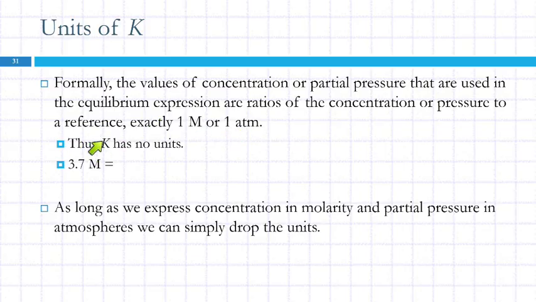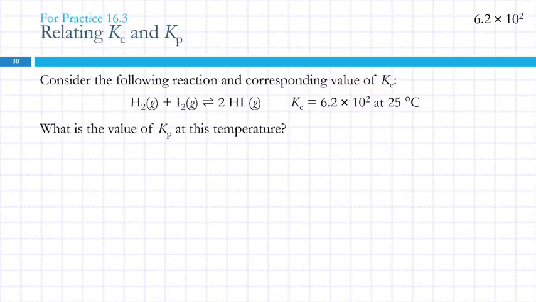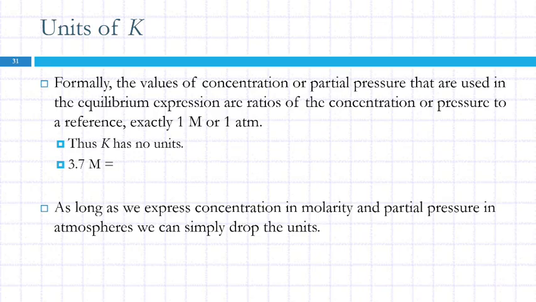And this makes K have no units, because 3.7 molar, we don't write it this way, but what we mean is 3.7 molar divided by 1 molar. So all the concentrations, molarity over molarity, the molarities cancel out. If you do that with the pressures, the atmospheres cancel out.